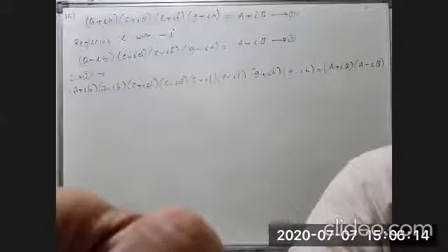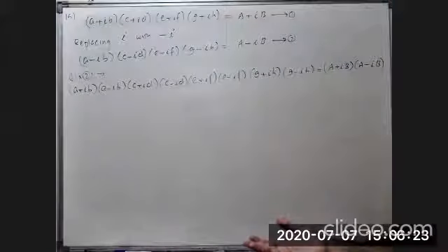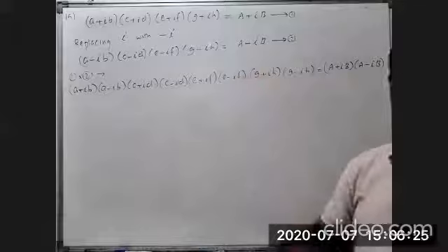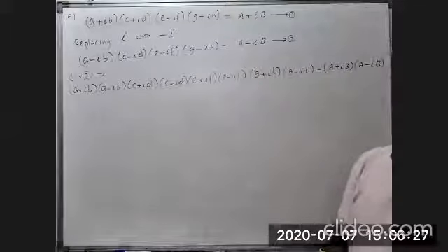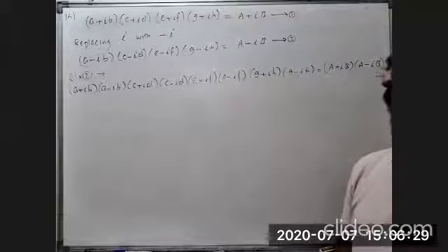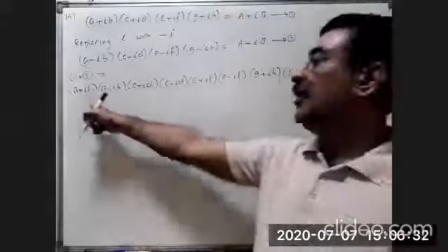So in all such questions, if A plus iB is given, to find A square plus B square, replace with A minus iB, so that we get A plus iB into A minus iB.